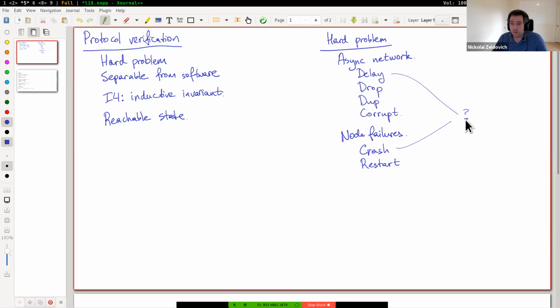So if you are trying to communicate with some machine and it's not responding, it's difficult to tell whether your packets are just being delayed or dropped, or if the machine has crashed. That turns out to be a source of some difficulties in designing protocols, and there are even some impossibility results that relate to this problem.